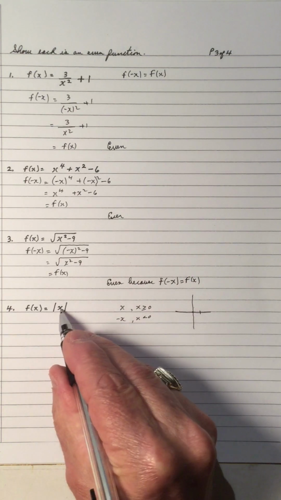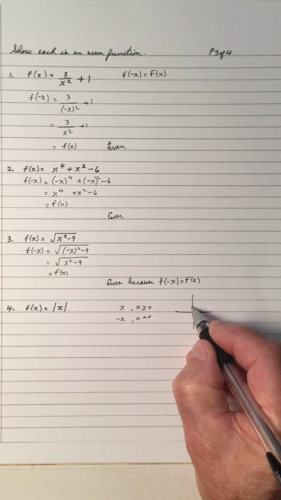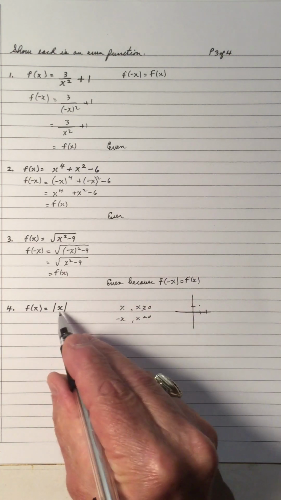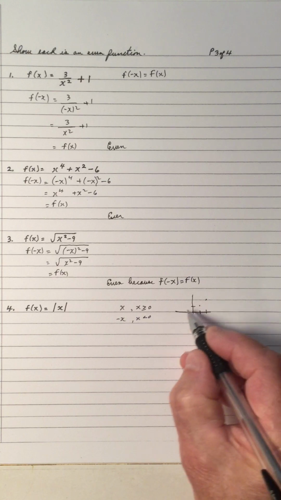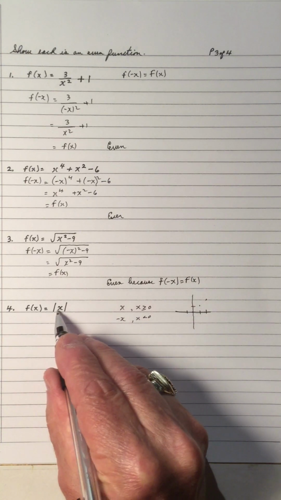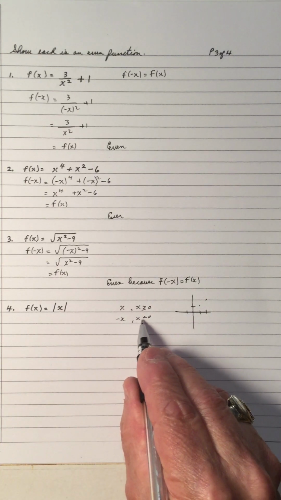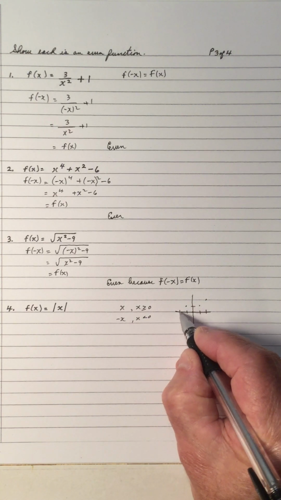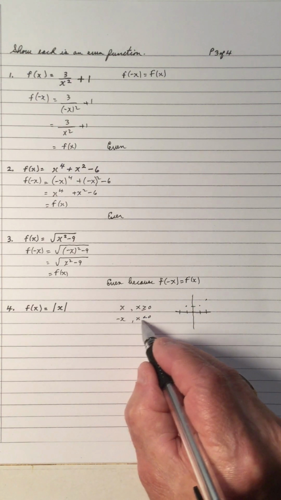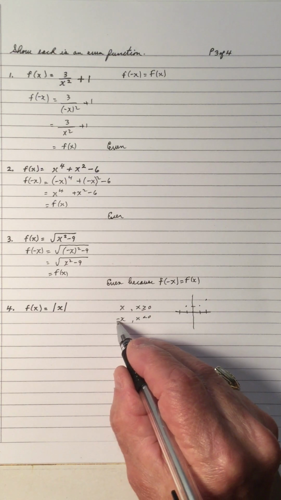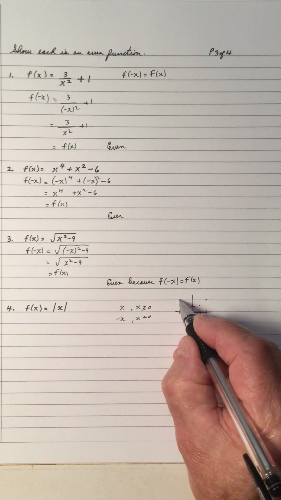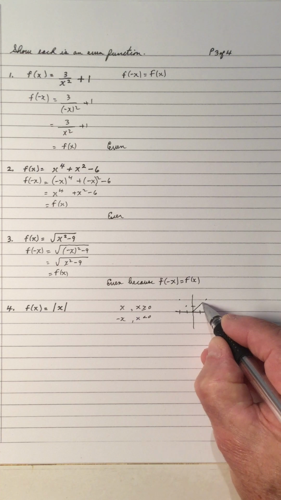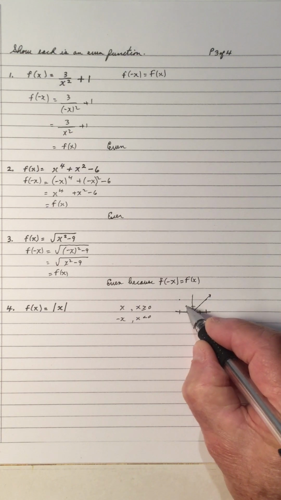If you take a 1, absolute value of 1 is 1. And we put 2 in, absolute value of 2 is 2. And we put a negative 1 in, negative 1 fits here, so the negative of a negative 1 is 1. Let's put a negative 2 in. And negative 2 fits here, so the negative of a negative 2 is a positive 2. So we get a V shape. So there's the absolute value function.